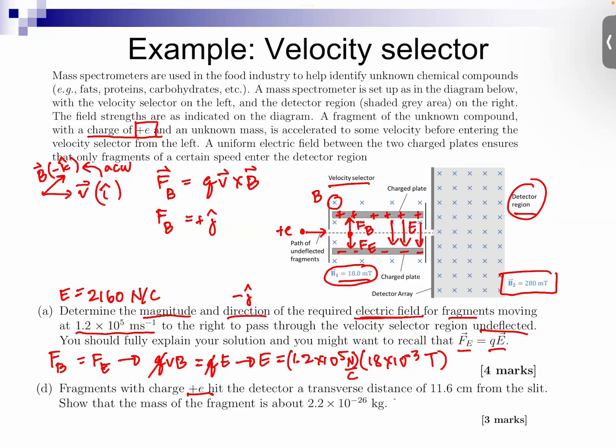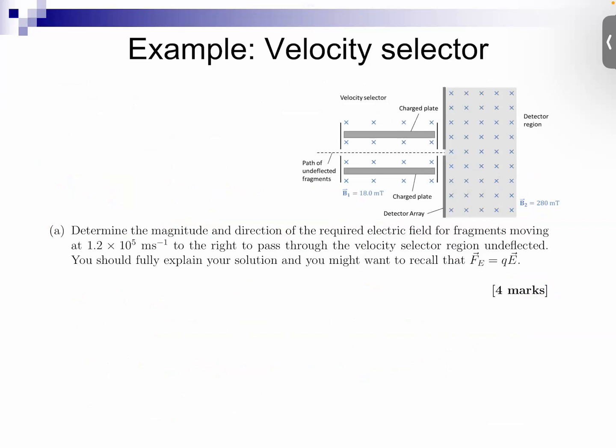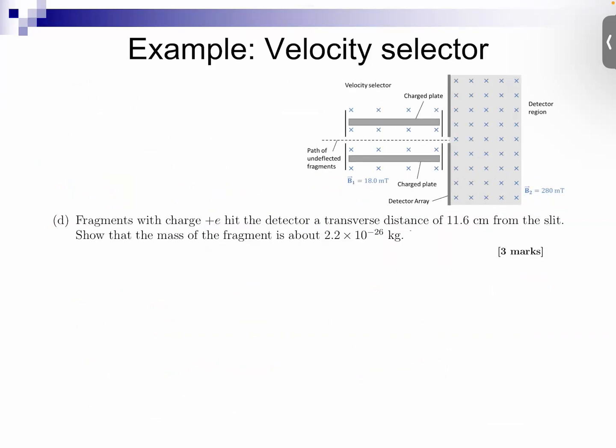The question is asking you to find the mass of the fragment. Well, they gave you the answer, but your solution should show that the mass is 2.2 times 10 to the minus 26. Right, so just use a clean page here.